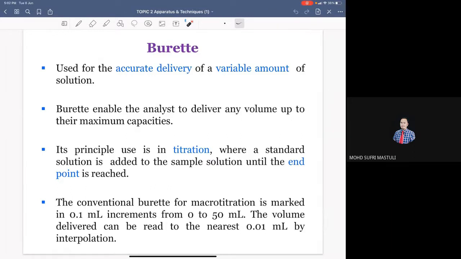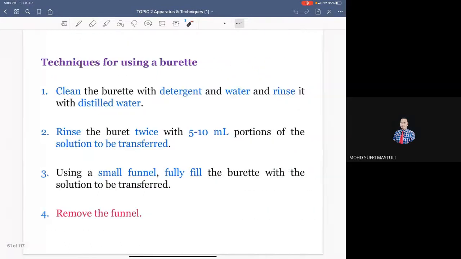As I mentioned, we normally use the burette during titration, where the standard solution is added to the sample solution until the end point is reached. We can have various burette volumes from 0 to 50 milliliters. So how do we use the burette correctly?